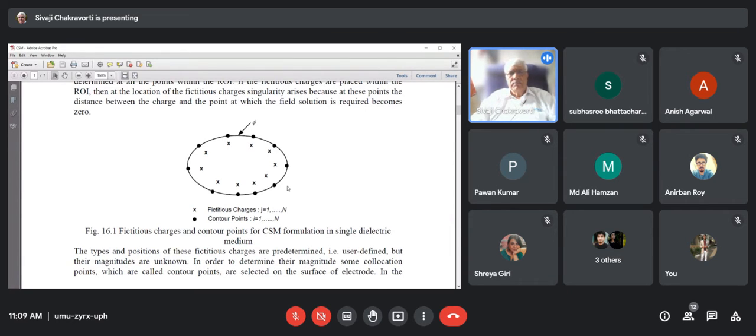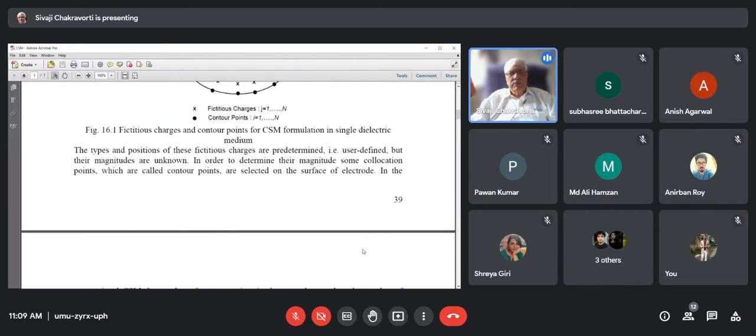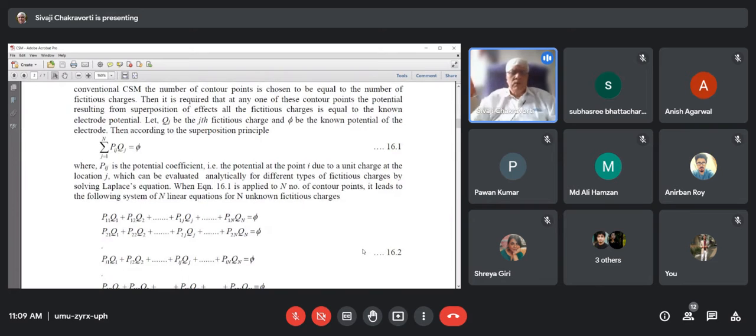Now, any system where we don't get the solution at any particular point, these are called points of singularity. And any system that gives rise to points of singularity is not a very good system or a good method. So, we don't put the charges outside the electrode, but we put the charges inside the electrode.